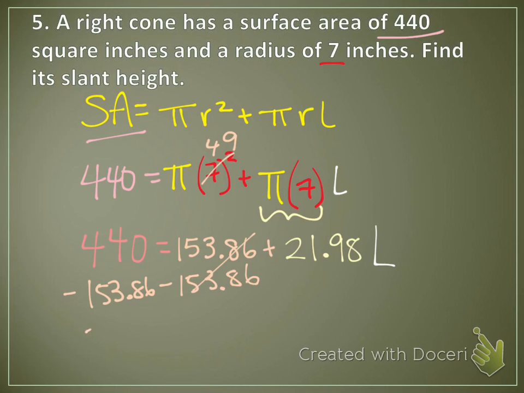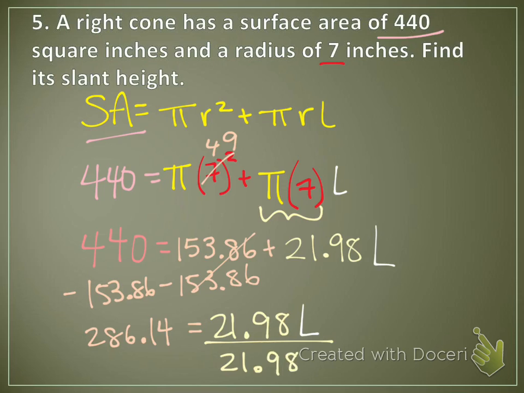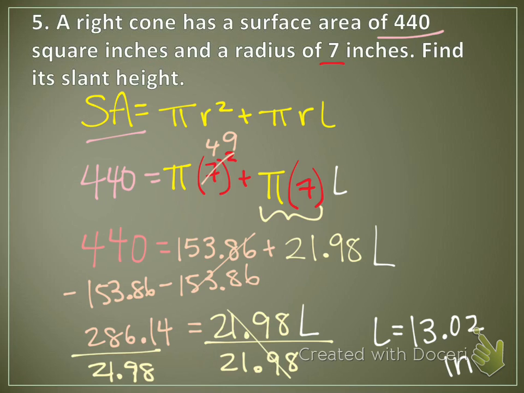Now tell me. 286.14 equals 21.98 L. So then my last step here, divide by 21.98. So then the length is what? 13.02, and it is inches. Well, it's just inches, because it's a slant height.